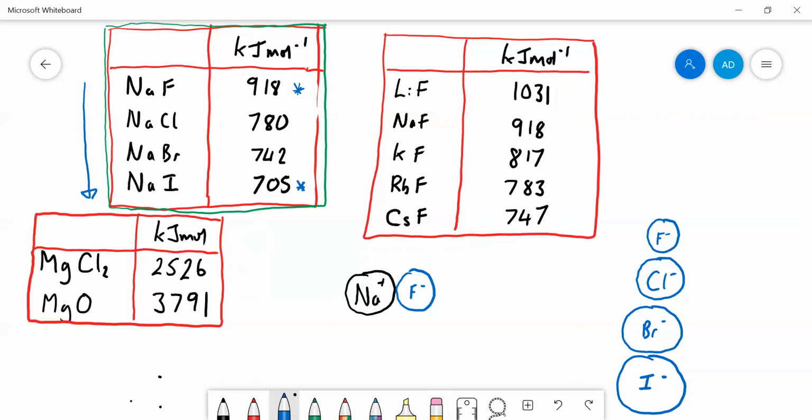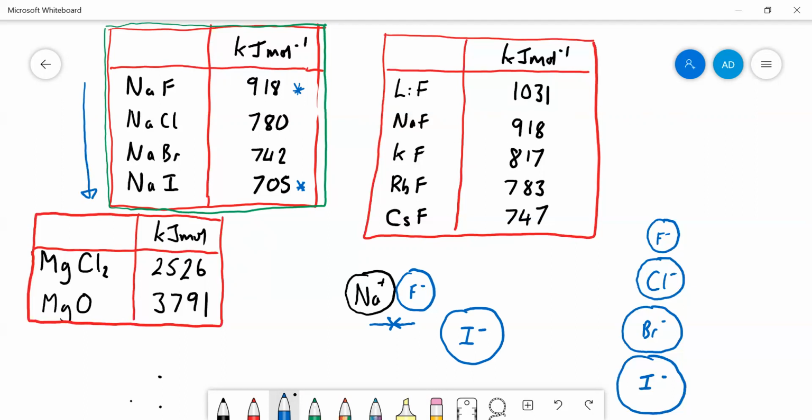Well, you can probably guess what's going on. There's a couple of different ways we can think about it. But first of all, there's an attraction between these two, isn't there? They are going to attract each other because you've got opposite electrostatic charges. In the case of sodium fluoride, the attraction is going to be stronger than with sodium iodide, because iodide is a much bigger ion, but it's only got the same amount of negative charge.